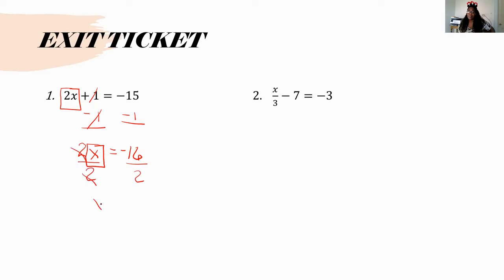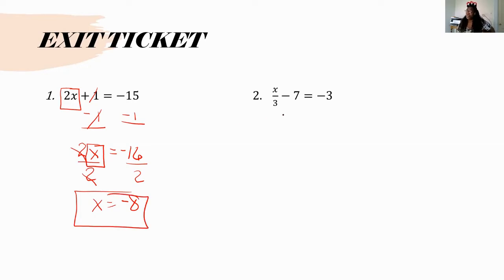Now x is by itself, independent woman. Negative 16 divided by 2: opposite signs means negative, and 16 divided by 2 is 8. So the solution for number 1 is x equals negative 8.